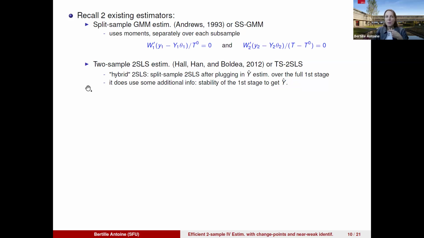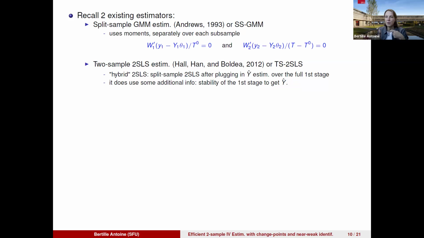Recently, Bertille and co-authors proposed what I like to call a hybrid two-stage least squares. This is like a two-sample two-stage least squares, TS2SLS. It is hybrid because it is borrowing a little bit from the split sample and from the two-sample literature. The split sample part is that you get your two-stage least squares from the split sample after plugging in y hat, the estimator that you obtain on the first stage, but this time this is the whole first stage.